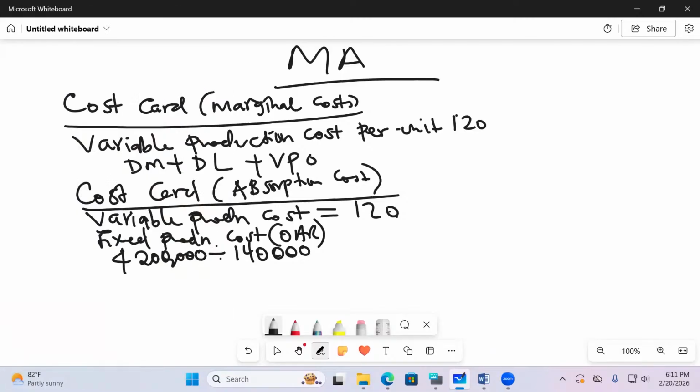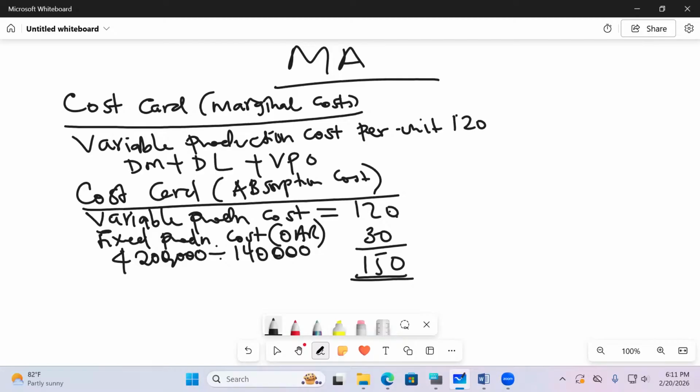So when you add this 30 here, you end up with 150. So basically, this is the full cost per unit, using what we call the absorption costing method.